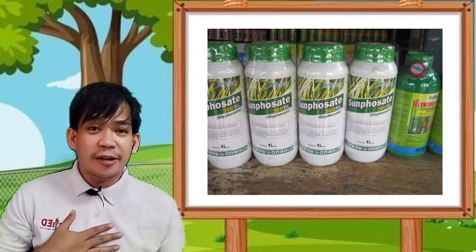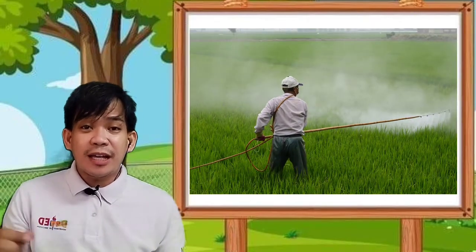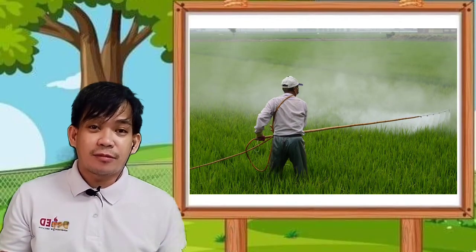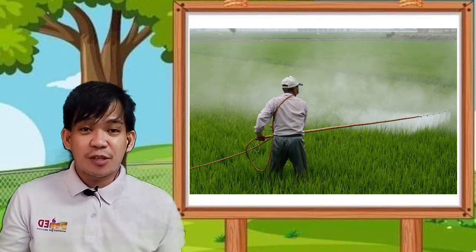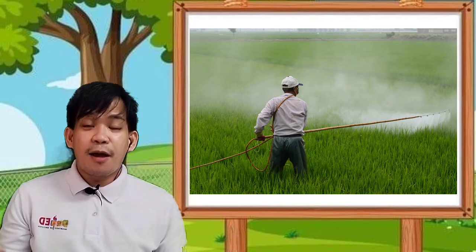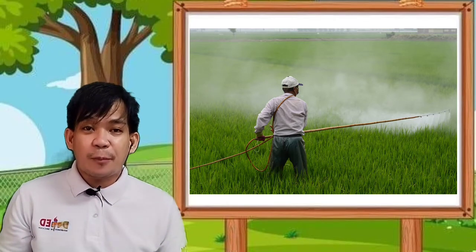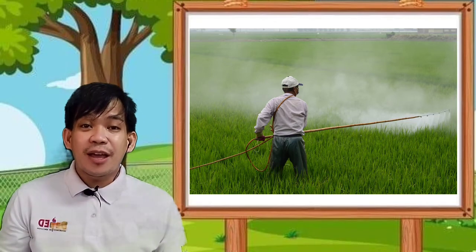On our part, it is useful because it is used to kill pests, right? Farmers use pesticides to kill rats. But if this pesticide will not be used properly, it can harm the people.